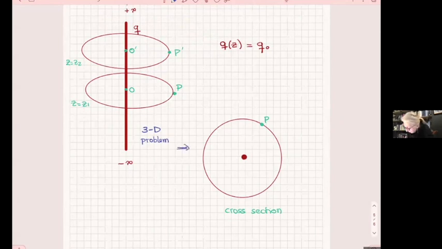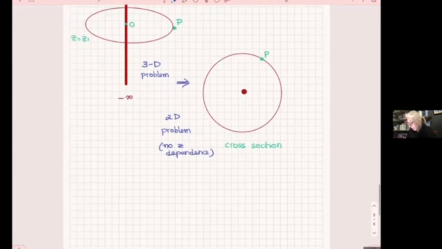So the 3D problem becomes a 2D problem where we do not have Z. So no Z dependence. What does that mean? That the cylindrical system here becomes a polar system there.